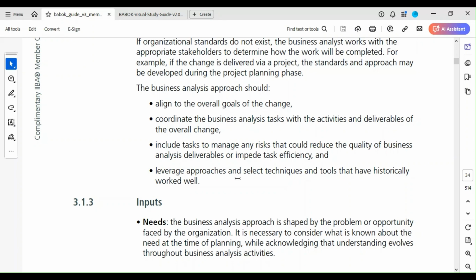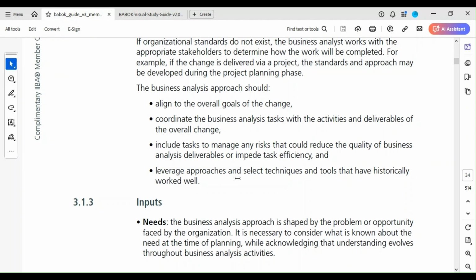stage. Okay, the business analysis approach should align to the overall goals of the change. So make sure whatever you do aligns with the overall goal of the change. Coordinate the business analysis tasks with the activities and deliverables of the overall change.